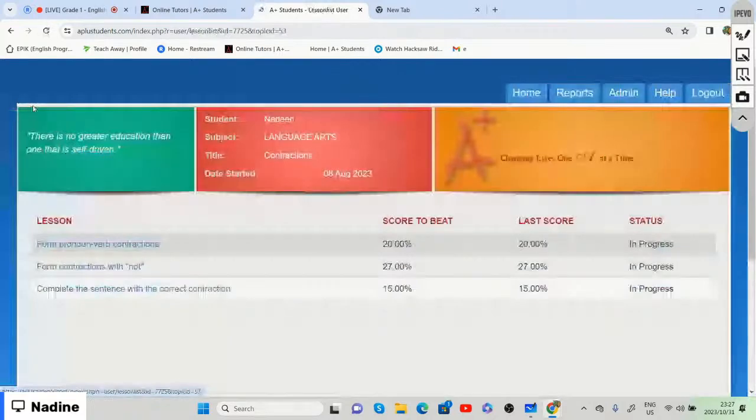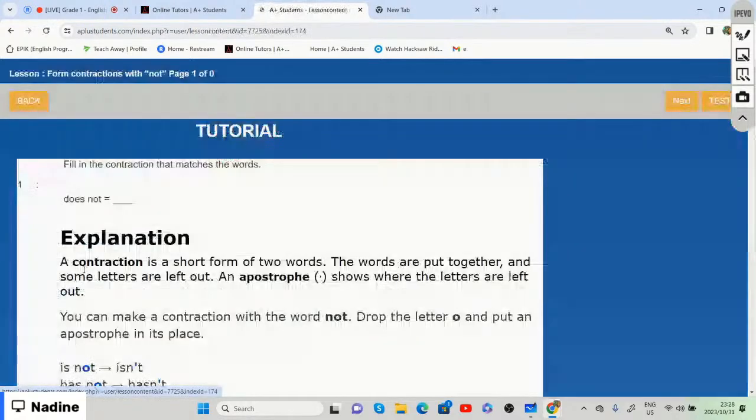So that is basically how to form pronoun verb contractions, all right? So now we need to form contractions with not. And we see a contraction is a short form of two words. The words are put together and some of the letters are left out. And whatever letters are left out, we add an apostrophe to show where the letters were left out.